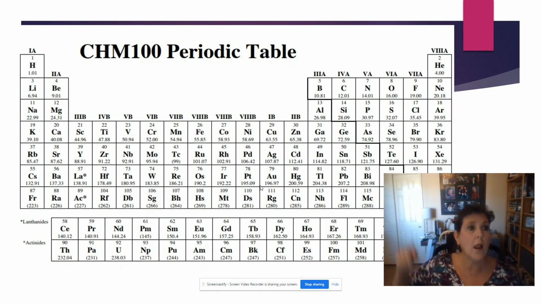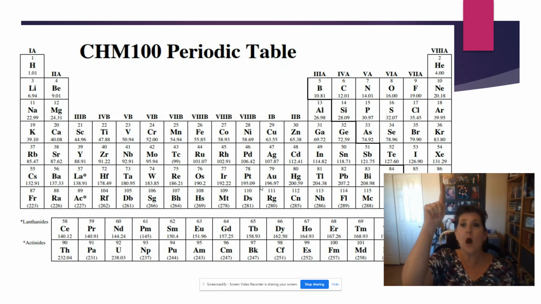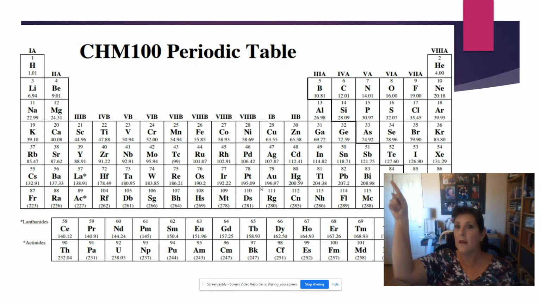Let's look. Our first column, not hydrogen, because that's not a metal, but Li, lithium, down, those have an ionic charge of +1. Column 2A, Be, Mg, Ca, on down, those have a charge of +2. Now column 3 is over here, closer to me.